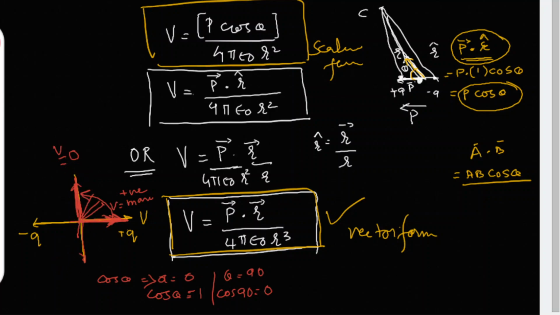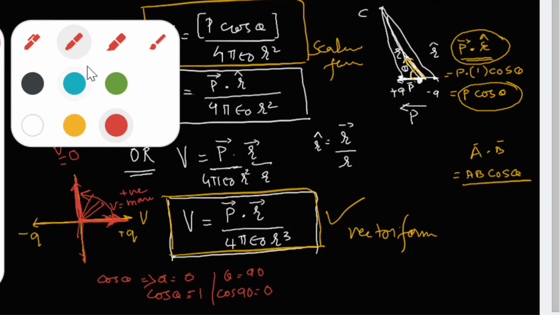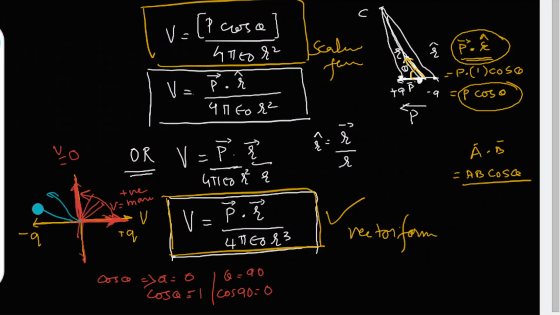But as you come this side, then what will happen? To this position, if you are coming from this to this, and you will reach at this point, that time theta is equal to 180. So it will be maximum, but the negative maximum point will be there, okay.